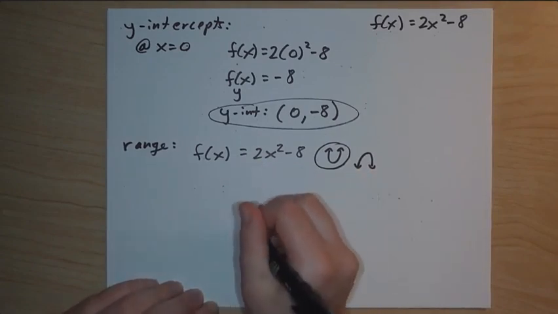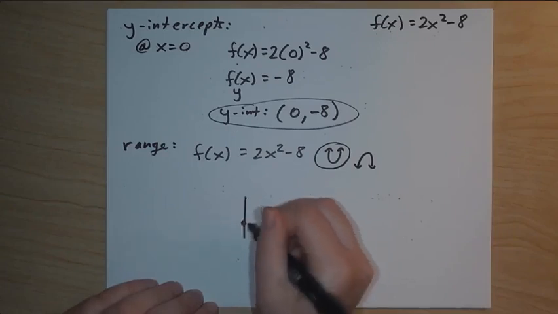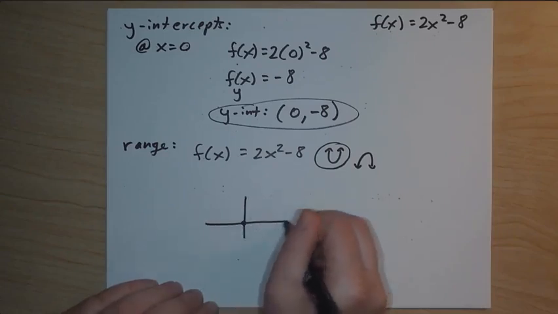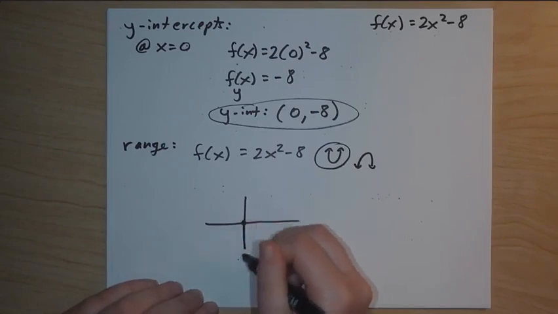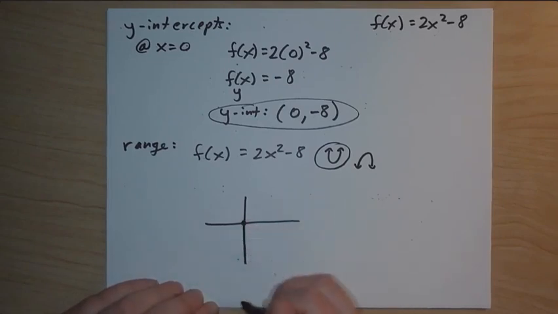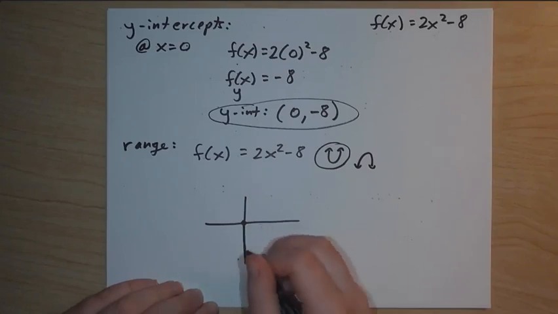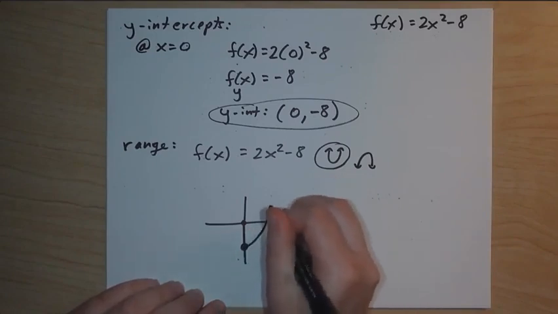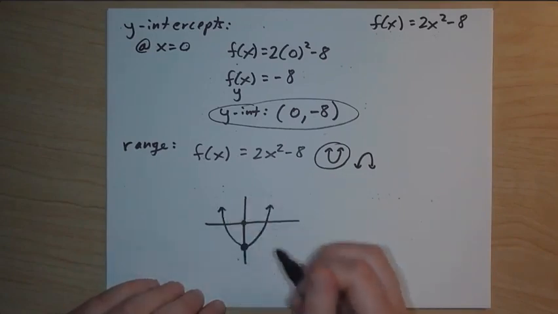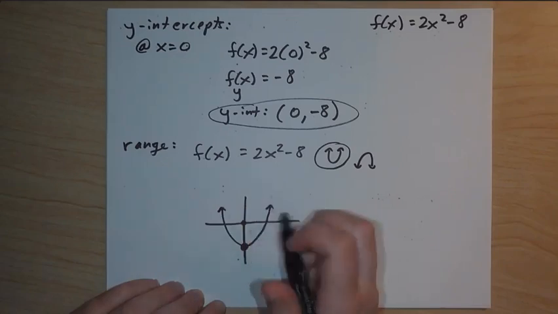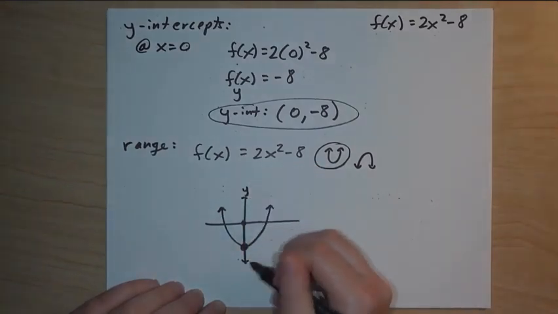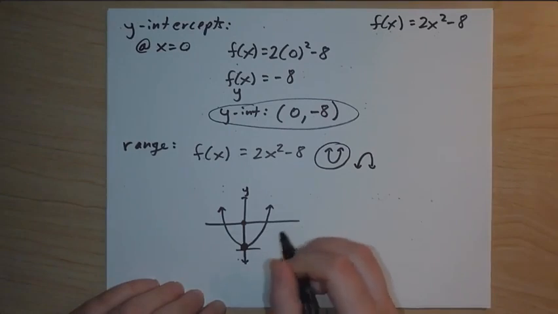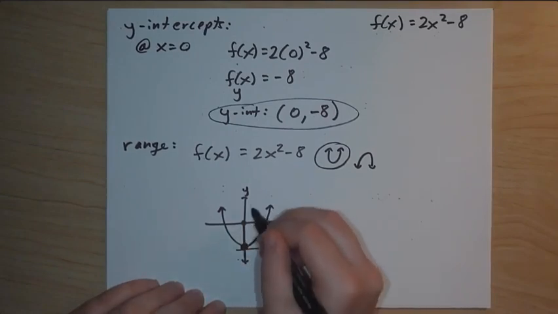Because we know that our vertex is on the y-axis, we have little Cartesian coordinates here, and our vertex is at (0, -8), somewhere down here. We know it opens upwards, something like that. We know that our possible y values, which is this axis right here, are going to range from this -8 all the way to infinity.